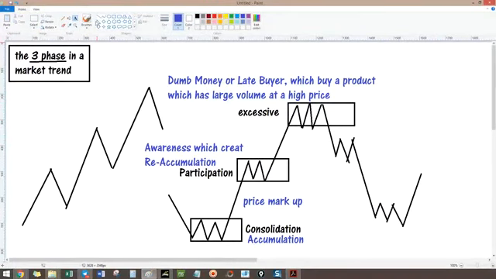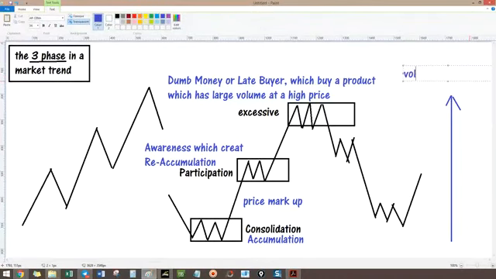Okay, so over here, if you notice the side, this arrow shows volume increase with price.